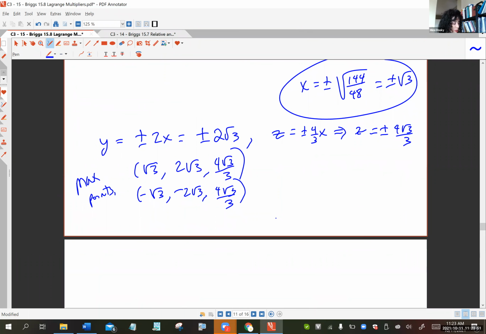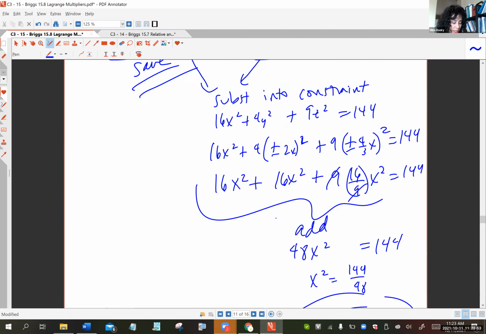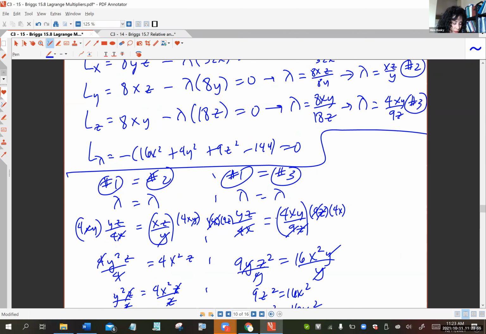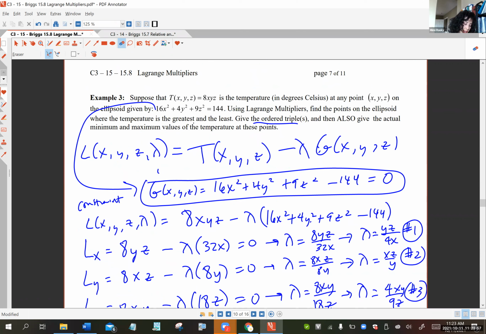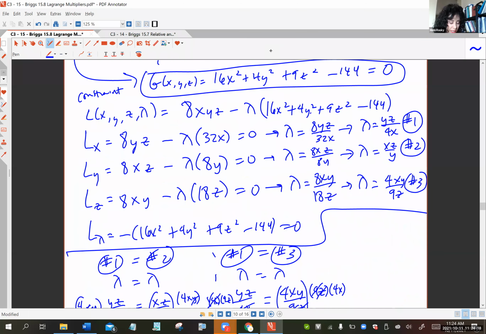And I claim that when you plug them back into your temperature function, what was the temperature function? Boy, I forget. 8xyz. Look, if x is negative and y and z are positive, I hope you get that the temp will be overall negative. And if everybody's positive, x, y, and z, then the temp will be positive. If 2 of them are negative and one's positive, then you'll still have a positive because a negative times a negative is a positive.